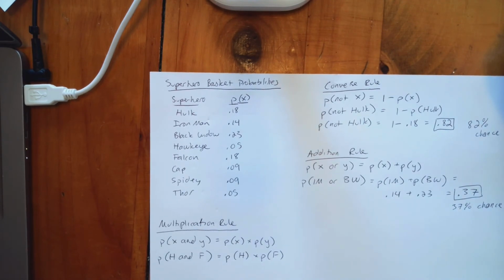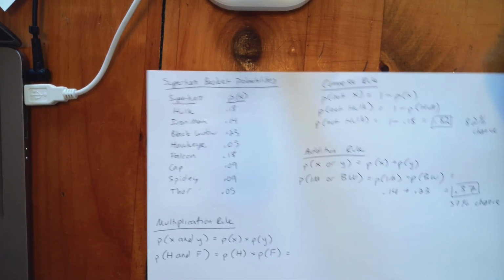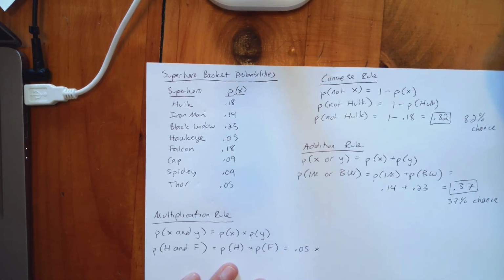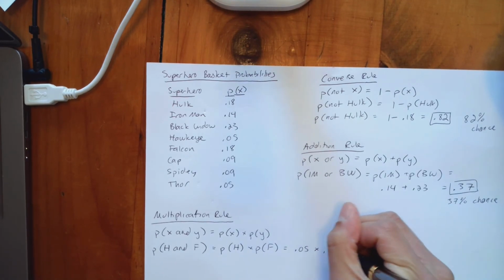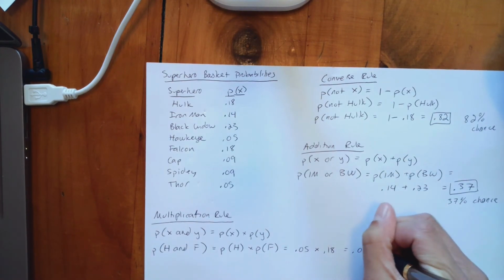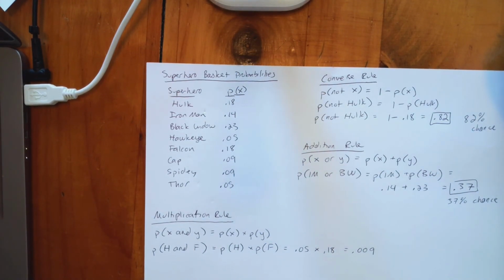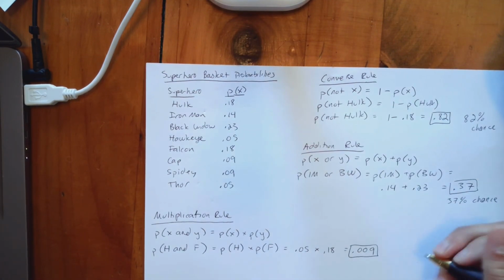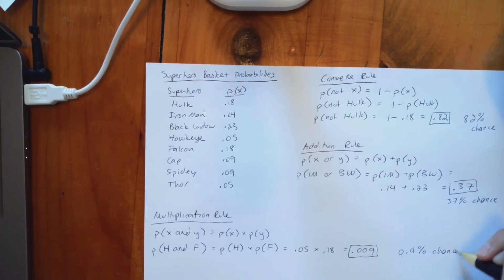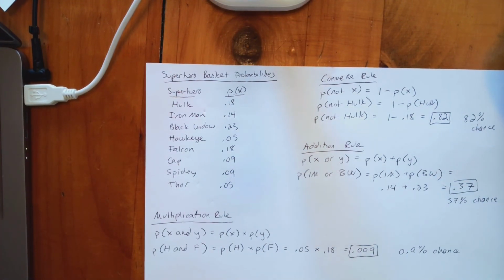The probability of getting Hawkeye is 0.05, and the probability of getting Falcon is 0.18. If you multiply those, you're going to come out with a probability of 0.009. In other words, you have a 0.9% chance of first pulling out a Hawkeye and then pulling out a Falcon.